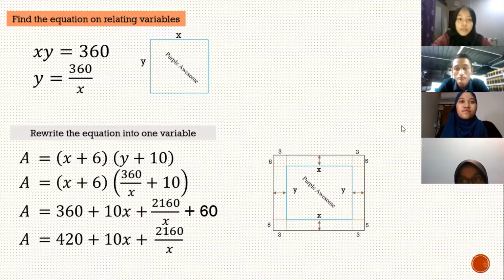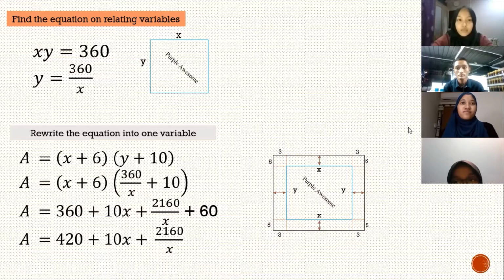So we're going to make y the subject and move the x value to the right side, and the equation would be y equals 360 divided by x. It would be much easier for us to compute and substitute into the next equation.